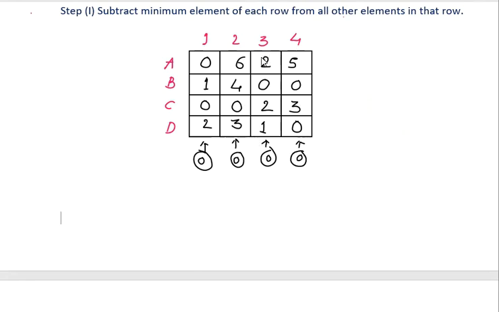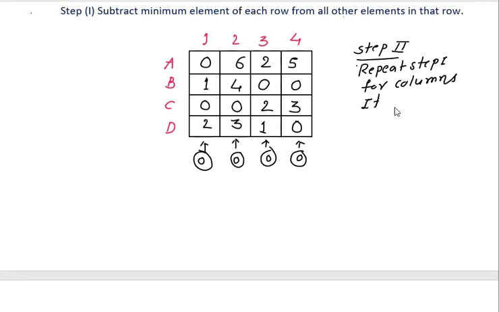So after application of step 2, you will get the same matrix. Application of step 2 of the Hungarian method, repeating step 1 for columns, will not change the matrix.